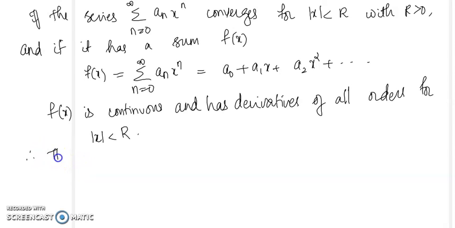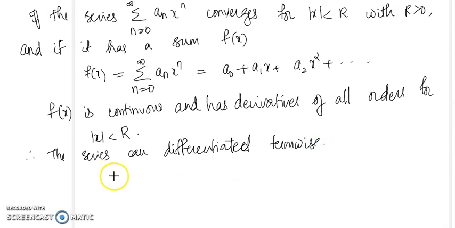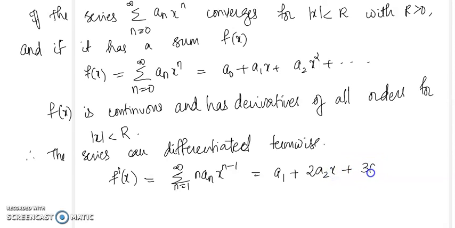So therefore the series can be differentiated term wise, and we'll get f dash of x to be summation n equal to 1 to infinity n an x raised to n minus 1, so that is a1 plus 2a2x plus 3a3x square.